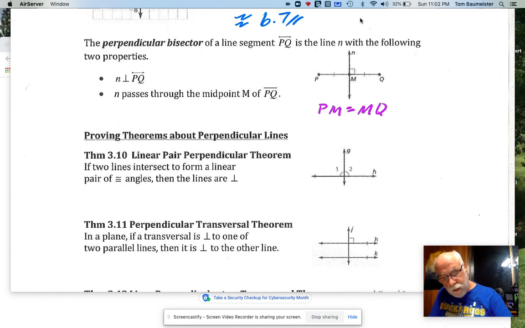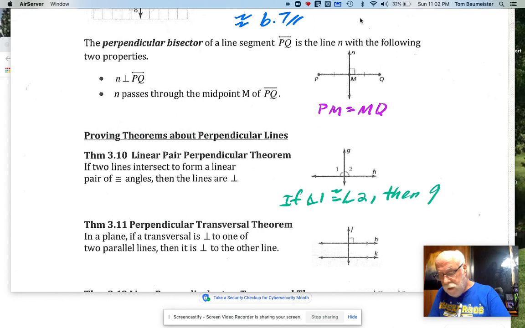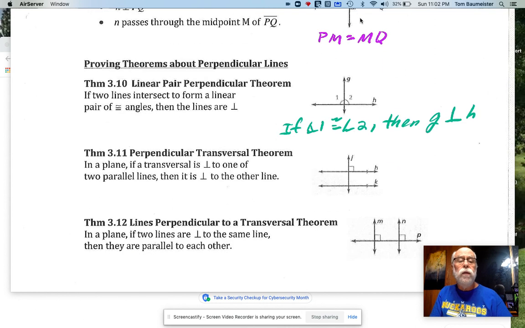Remember a linear pair is they equal 180. So in this case, if angle 1 is congruent to angle 2, then you know that line G is perpendicular to line H.